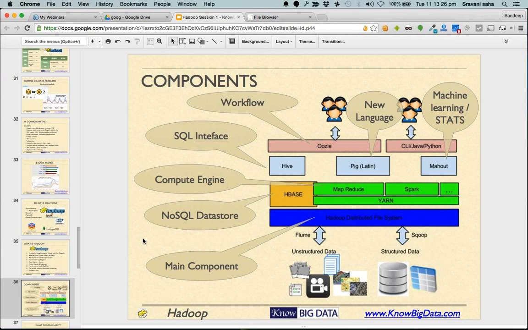Map is a logic which gets executed on many computers, and whatever the result is gets sorted and passed through the reduce functions. We will go into more details about MapReduce. We will cover MapReduce in great detail with really difficult problems as well as very simple problems. Around 8 problems we will solve using MapReduce. Why?